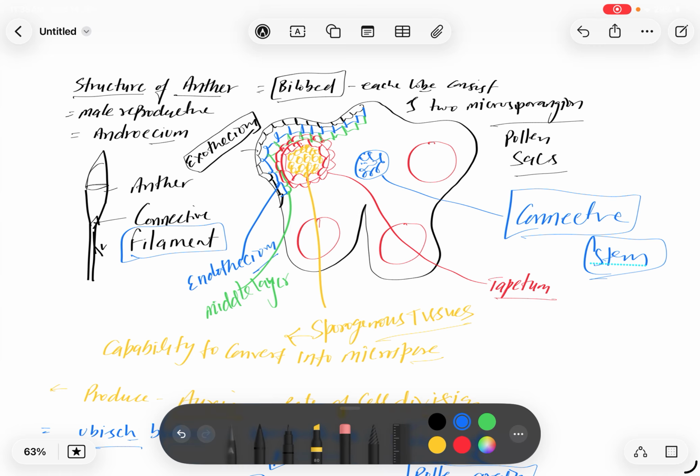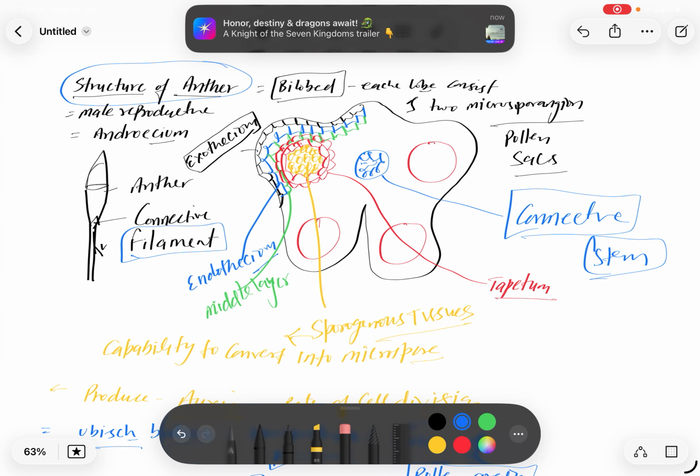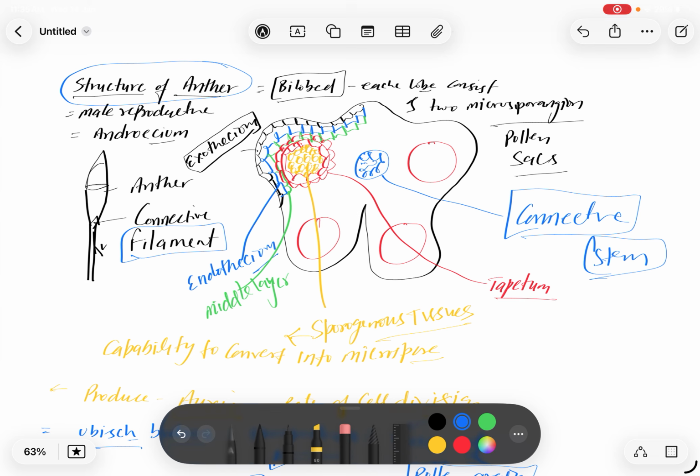I hope you understand the structure of anther. The structure of anther consists of four layers, namely the outermost layer, which is also known as epidermis or exothecium. Inner to this exothecium, another layer is known as endothecium.